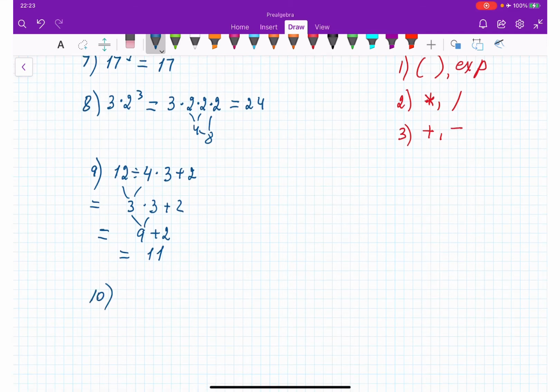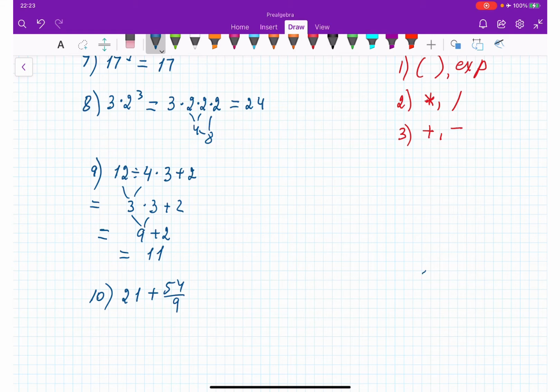Next, number 10. 21 plus 54 divided by 9. Oh no, I'm sorry, it's addition. 54 divided by 9, the fractional line is a division.